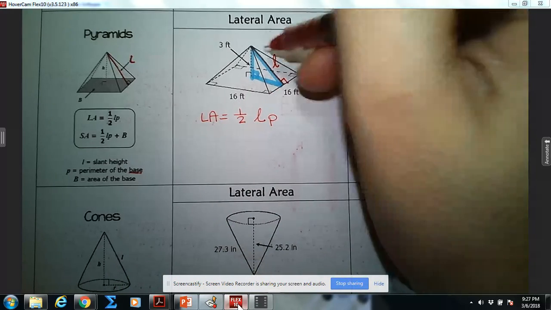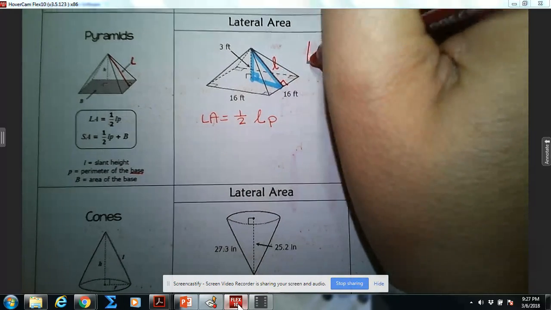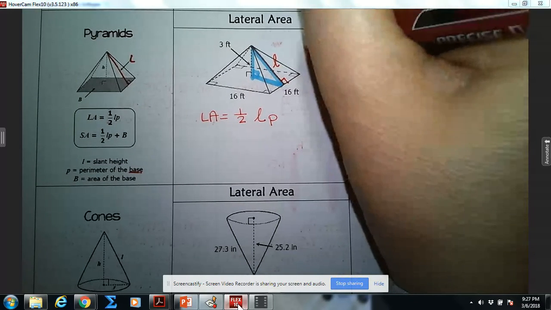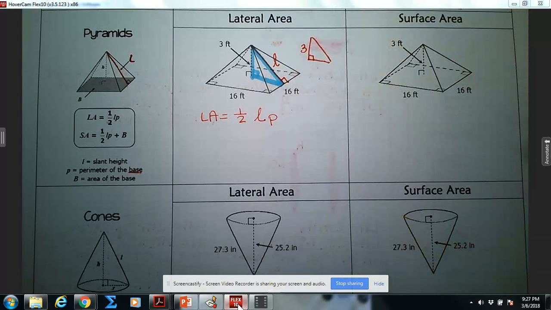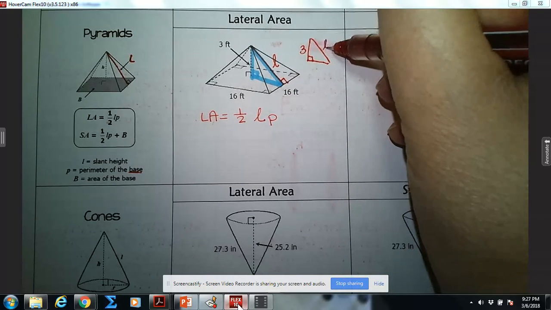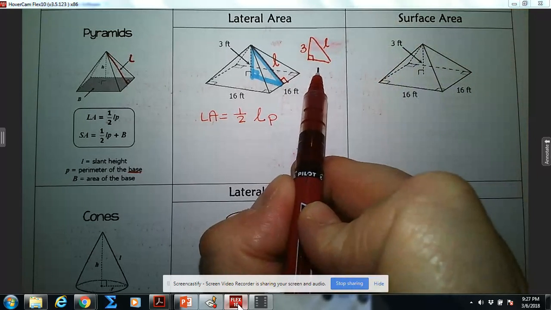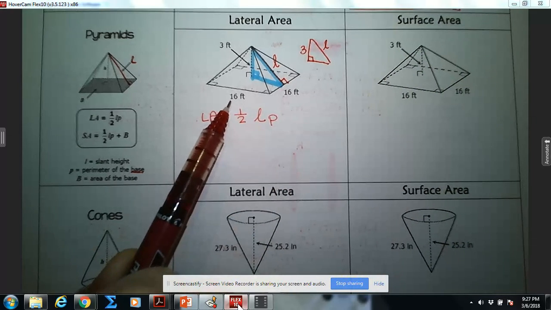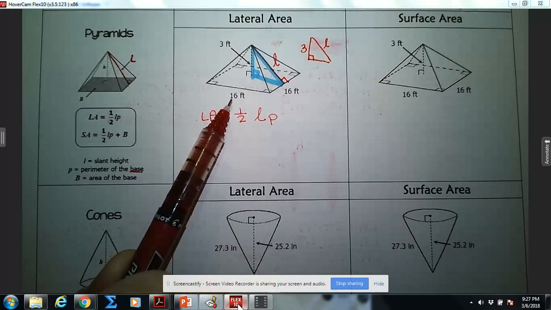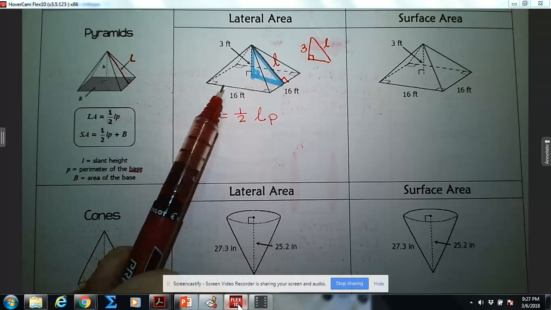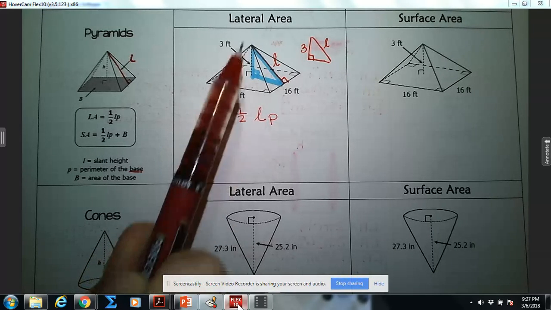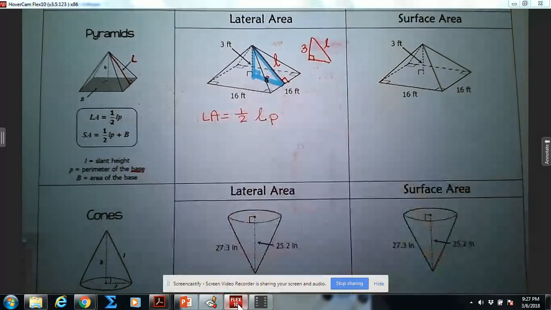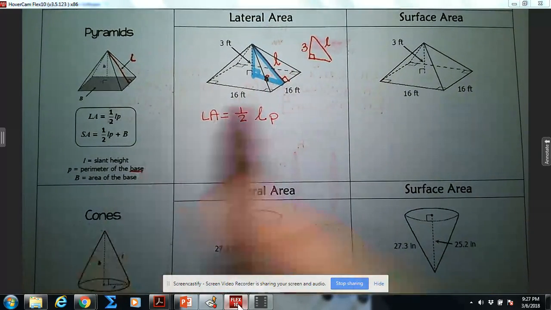So if I were to draw that triangle separately over here, the true height of the pyramid is 3. We're trying to find the slanted height, so we need a third value, and then we'd be all set up for the Pythagorean theorem. We're going to get our third value from this base value of 16. If the entire length of the base is 16 and this height hits right smack dab in the middle, then it splits it into 8 and 8.